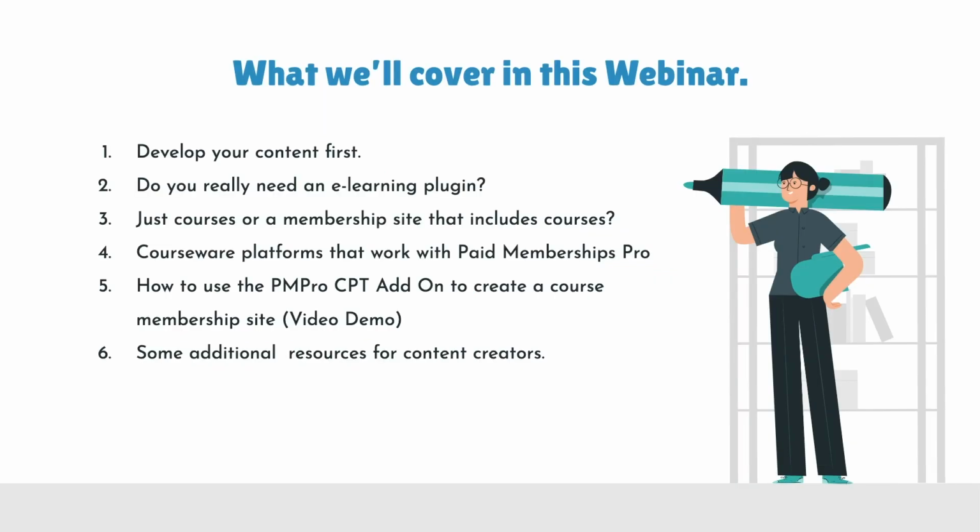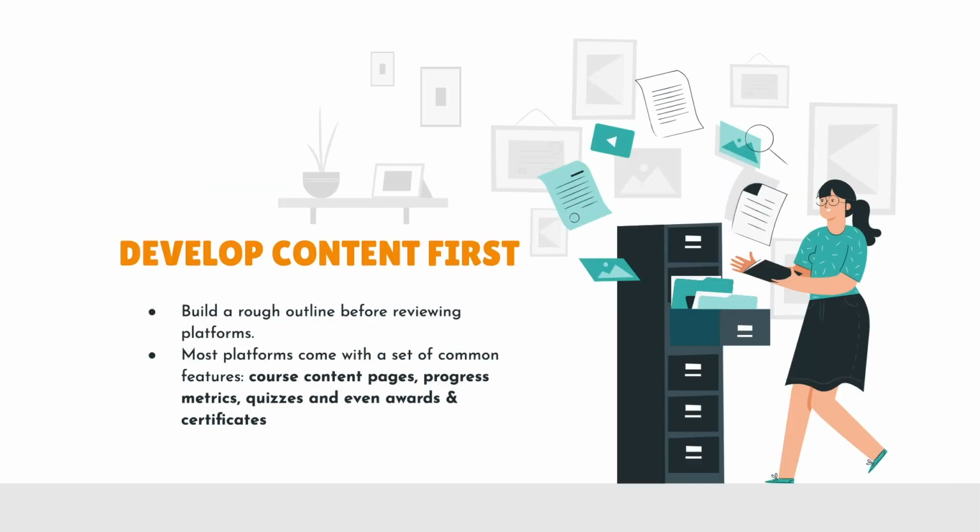We're also going to cover some of the tools that you might need to use with Paid Memberships Pro, some of the courseware platforms that work. And we're also going to show you a video demo on how to actually use the PM Pro CPC add-on to basically create a course for your membership site using another LMS plugin. So let's go ahead and dive in.